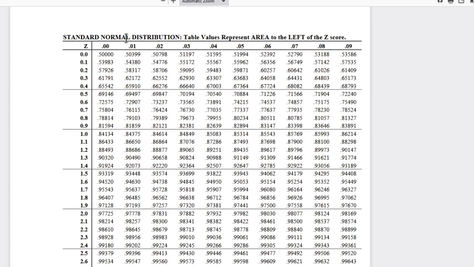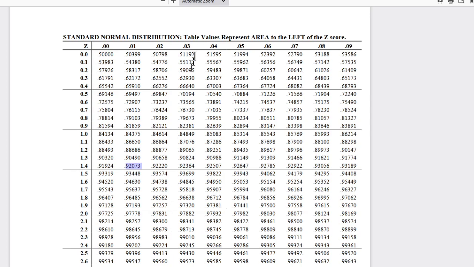Because we're looking for the value at 1.41, think about this right here. This is 1.4, and if you add 0.01, you get 1.41. So you're looking for the place where 1.4's row and 0.01's column meet, and they meet right here. Therefore, that's the value.